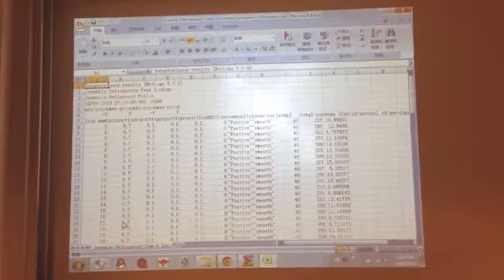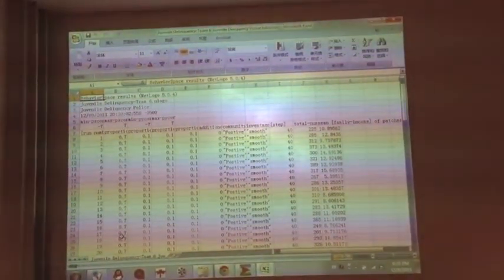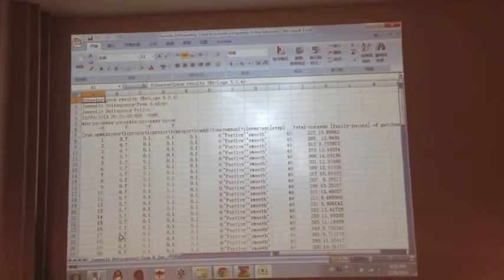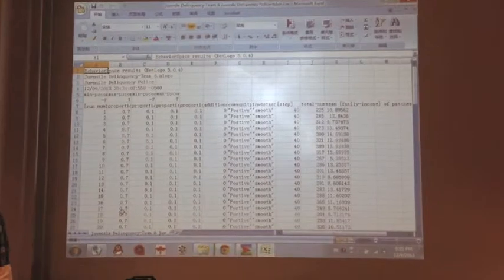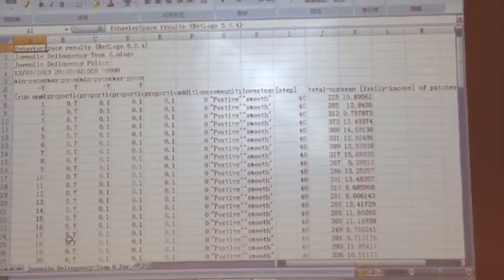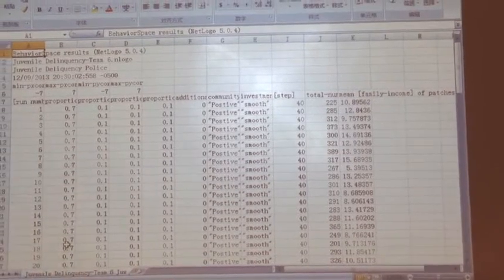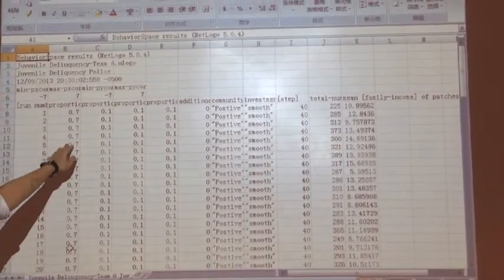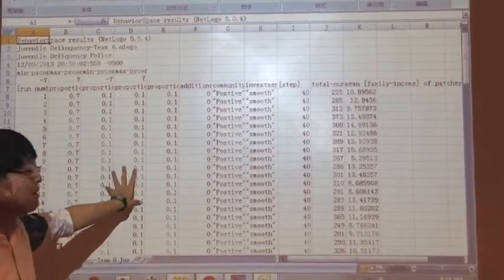We have run this experiment with BehaviorSpace, which is a very nice functionality provided to us by NetLogo. We have run each result for 100 times. For example, this one, as you can see here, the parameter that we set up is 70% of the money goes to police, and the rest of the 3 have 10%.